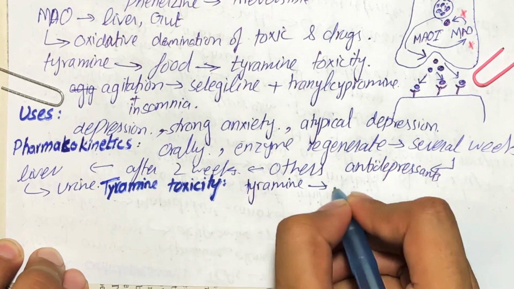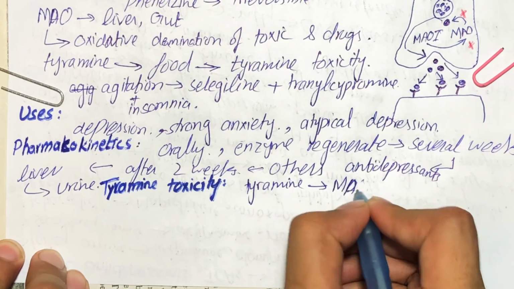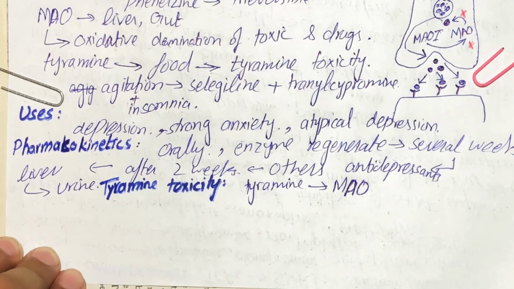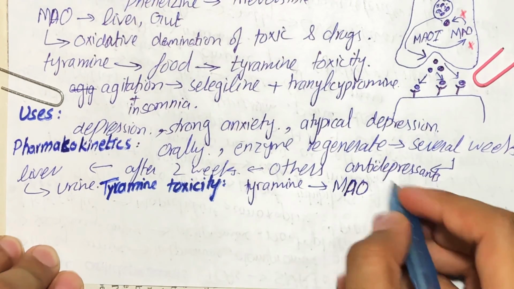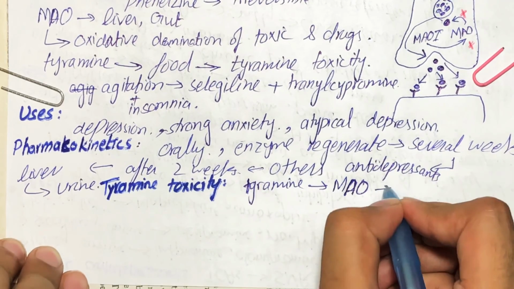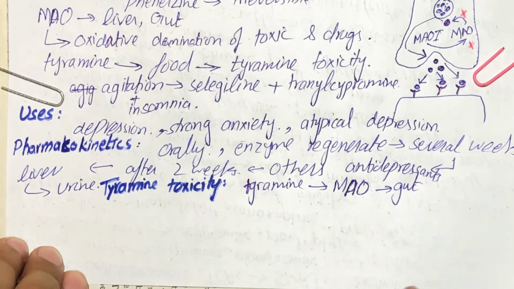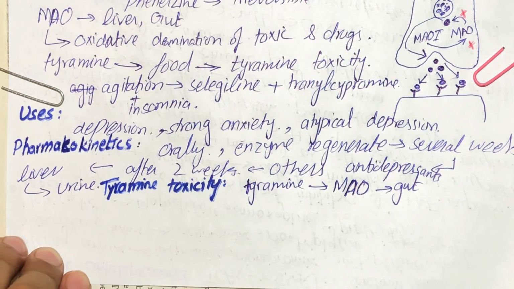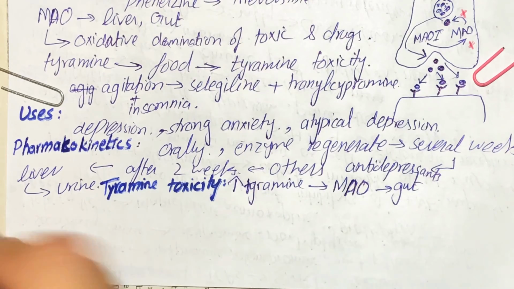But when you take monoamine oxidase inhibitors as antidepressants, they not only inhibit the monoamine oxidase present in your neuron, but also the monoamine oxidase present in your liver and in your gut. When there is inhibition of this enzyme in the gut, tyramine is not degraded by monoamine oxidase, and in this way there is an increase in the concentration of tyramine.